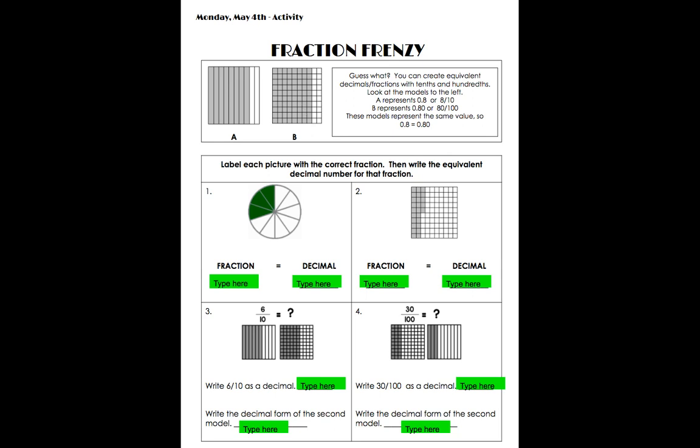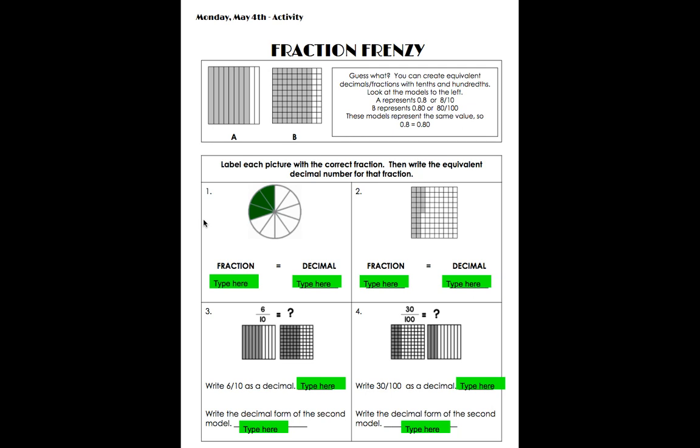So your task here is to go through and look at numbers 1, 2, 3, and 4, and you have to determine what the fraction would look like and what the decimal would look like. Okay, so make sure you're counting your pieces in your whole. I'm going to give you a hint. Your whole is either going to be in tenths or hundredths. So you have a 50-50 shot of starting this off and getting it right.